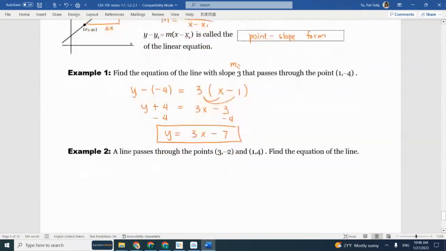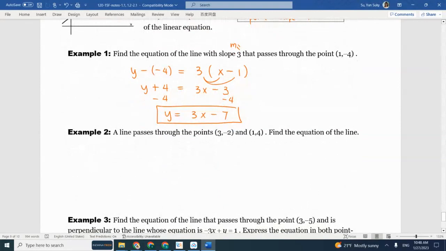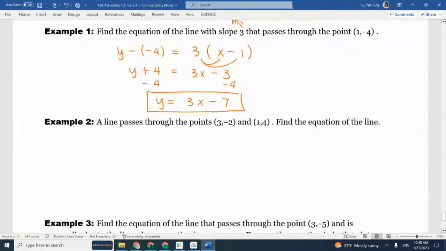No? Okay. Let's see. Can we do this one? First, we're given 2 points. Can you find the slope? What's your numerator? 4 minus -2.